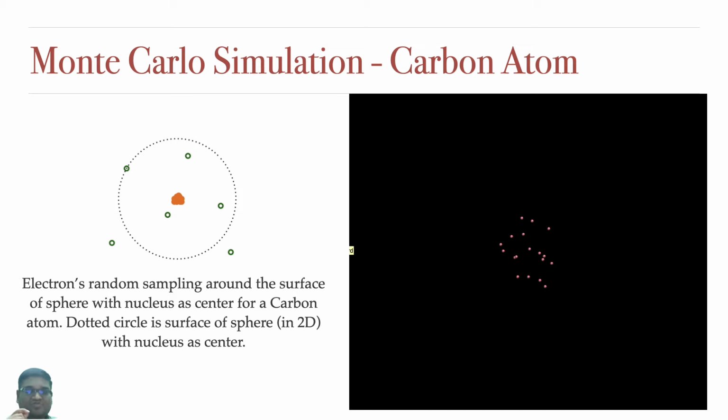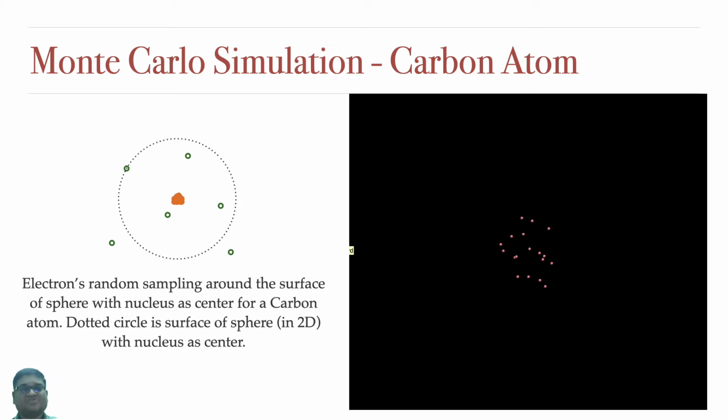So to enhance the sampling, we moved the same electron while maintaining the same radius around the nucleus, on a 3D sphere, which you can see here in 2D in the form of a rotated circle.